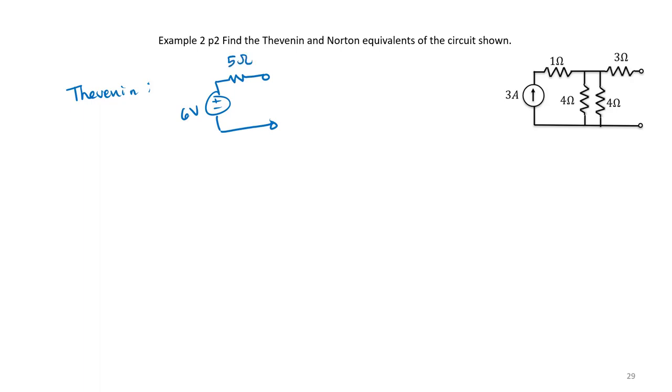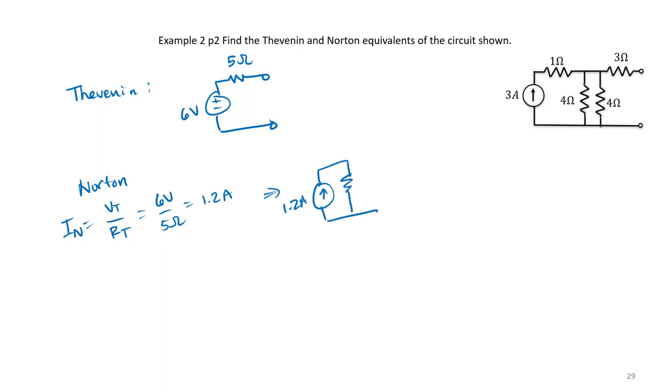And for Norton, we know that Norton current is Thevenin voltage divided by Thevenin resistance, 6 volts over 5 ohms, which is 1.2 amps. So Norton will be 1.2 amps with a 5 ohm resistor. So there you have it.